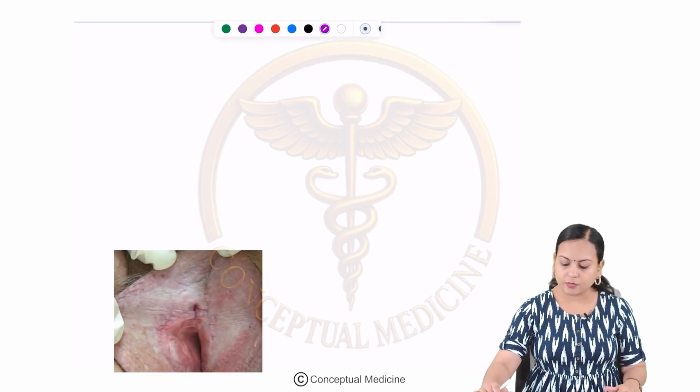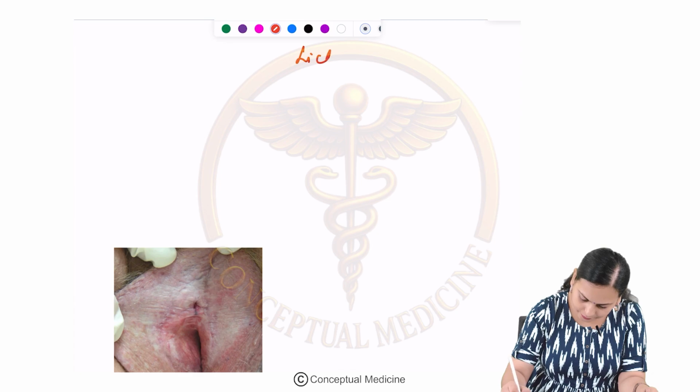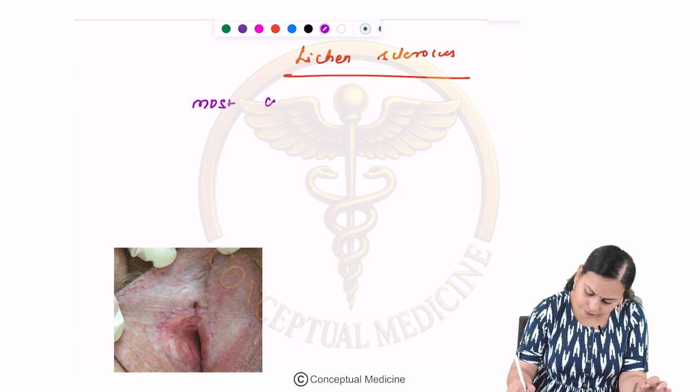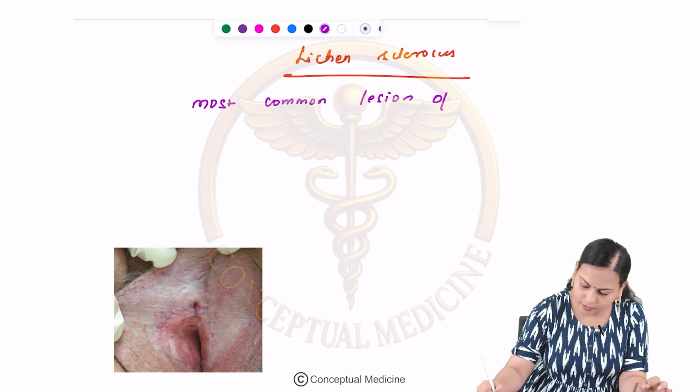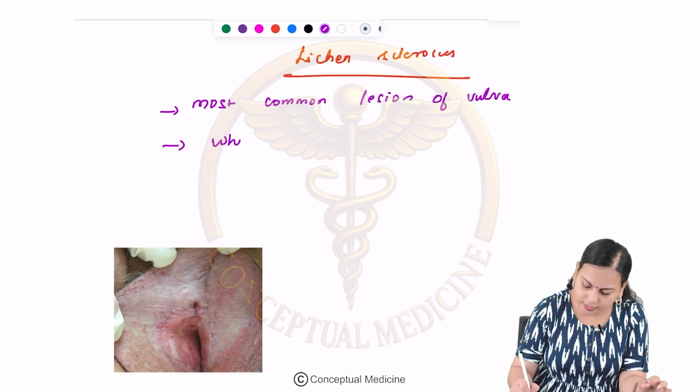Now, let us discuss lichen sclerosus. Lichen sclerosus is the most common lesion of the vulva. This is usually white in color.